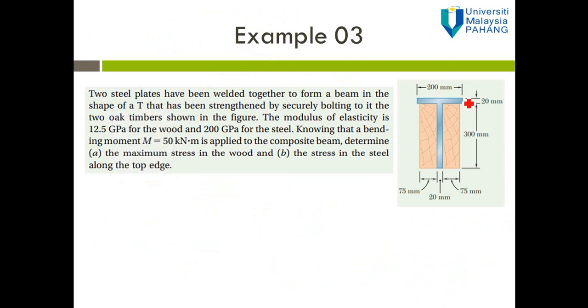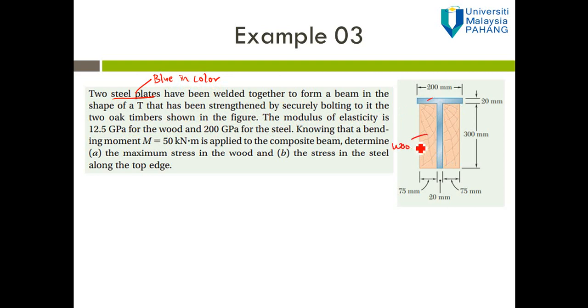Two steel plates have been welded. This is the steel plate, the blue one, welded together to form a beam in the shape of a T, that has been strengthened by securely bolting to it the two timbers shown in the figure. So you have timber, or wood.